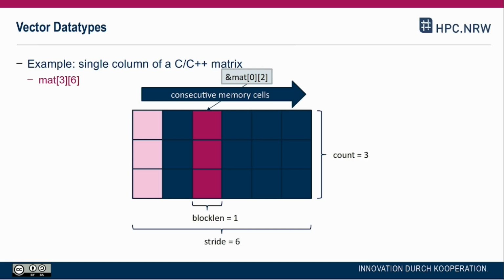Maybe here, I don't know whether I bring this up in a separate example, but the extent is from here to here. That means if I use this vector with count 2, because I want, for example, a 2 column transfer, the extent is up here.